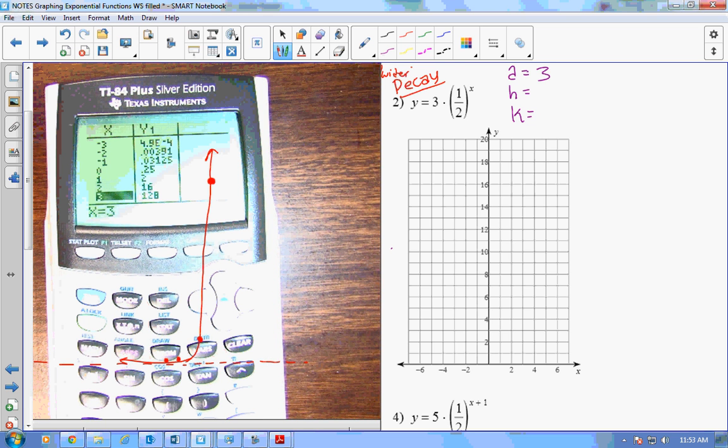Vertical compression or vertical stretch? Not for 3. So we go up 3, over 1, up 3. Yeah, if it's a big number, it's going to stretch. If it's a small little fraction, it's going to compress. So vertical stretch by a factor of 3, which means it's going to get steeper faster.